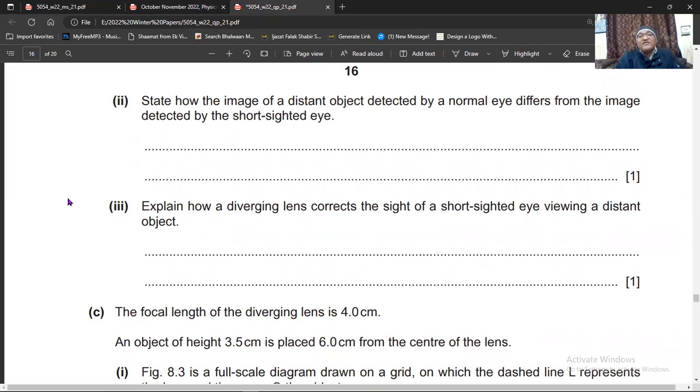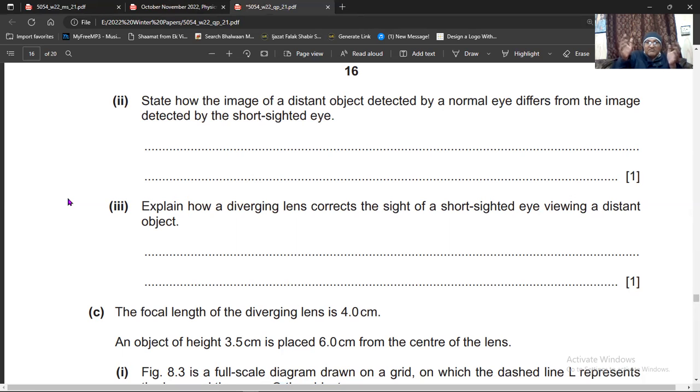Explain how a diverging lens corrects the sight of a short-sighted eye viewing a distant object. You see, you put a diverging lens before the eye for correction of short-sightedness. And what that diverging lens does is diverge the light rays before they enter the eye. So before they enter the eye, the light rays are a little diverged.